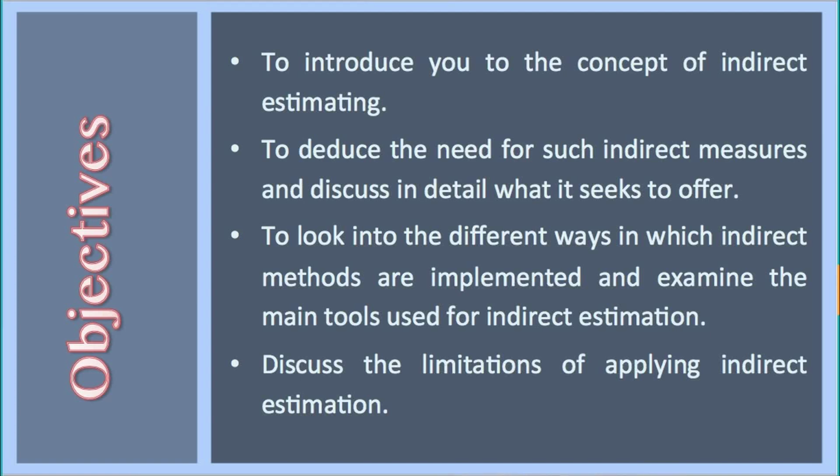Further, we will take a look into the different ways in which indirect methods are implemented. Then after that, we'll move on to the main tools used for indirect estimation. And finally, we will discuss the limitations of applying indirect estimation.